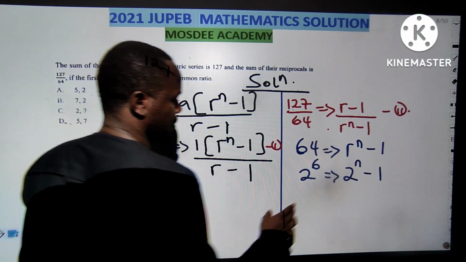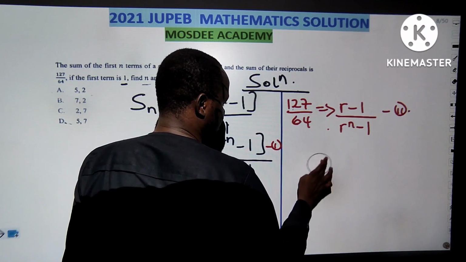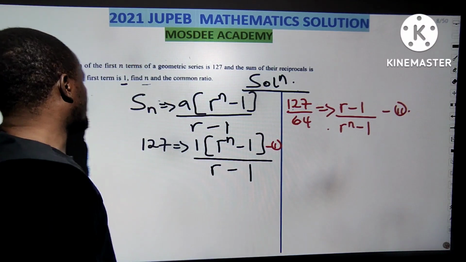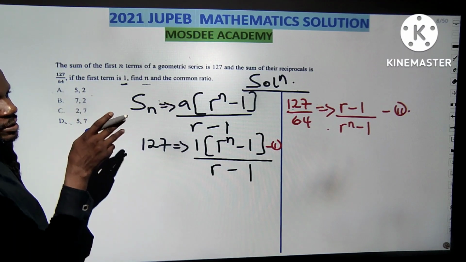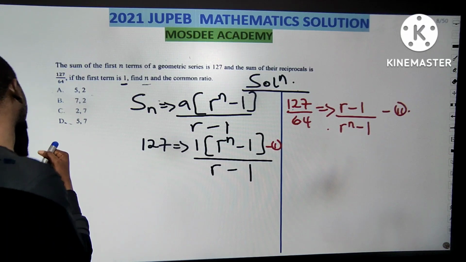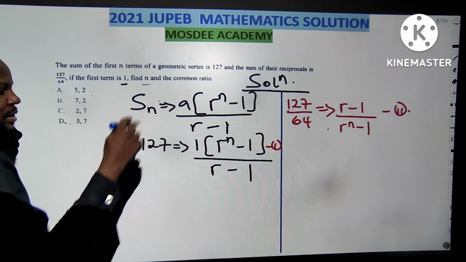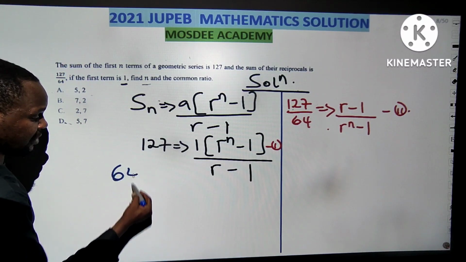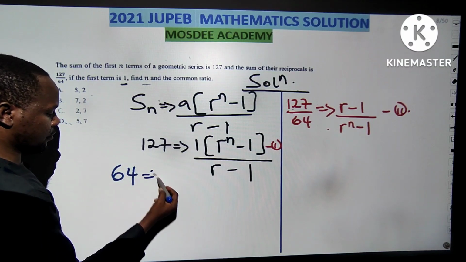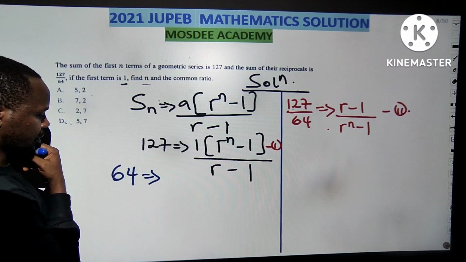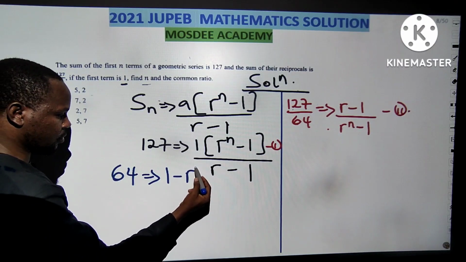So we are looking for n and the common ratio. 64 is definitely going to be left. I will use the options to get the answer directly, since I don't have time.